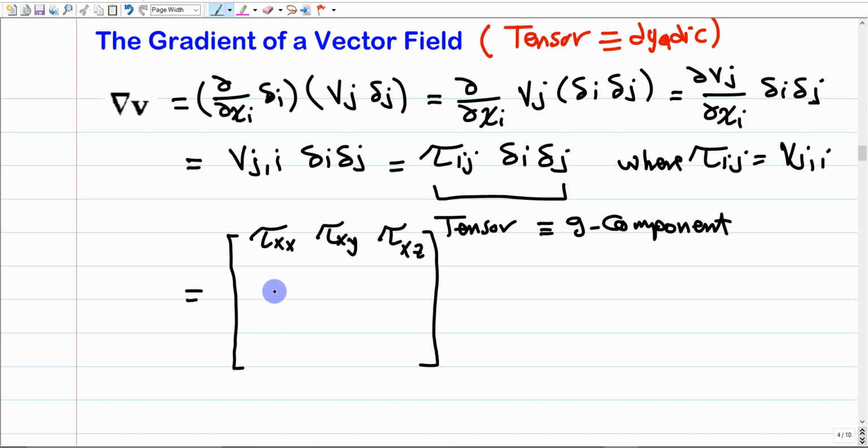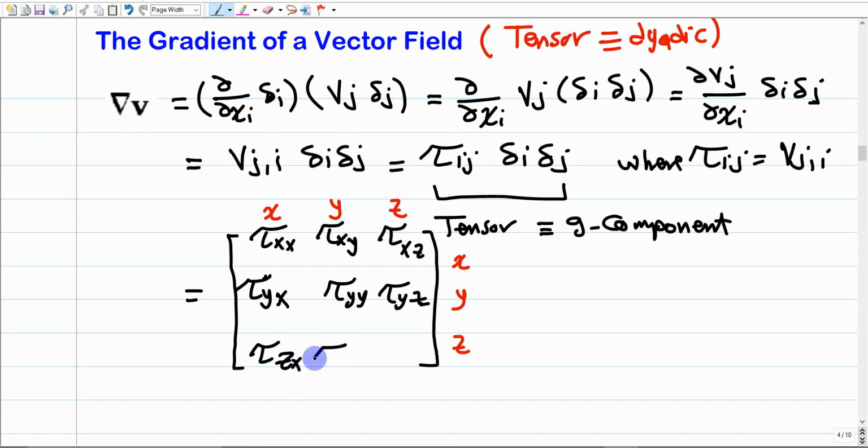So we have the x, y, z columns, and the x row, the y row, and the z row. Here we have tau yx, tau yy, and tau yz, and here tau zx, tau zy, and tau zz.